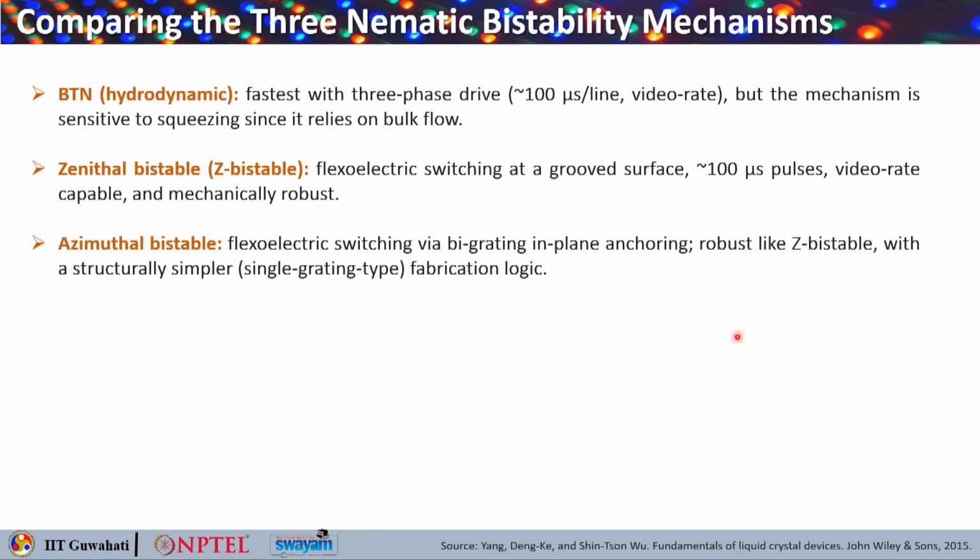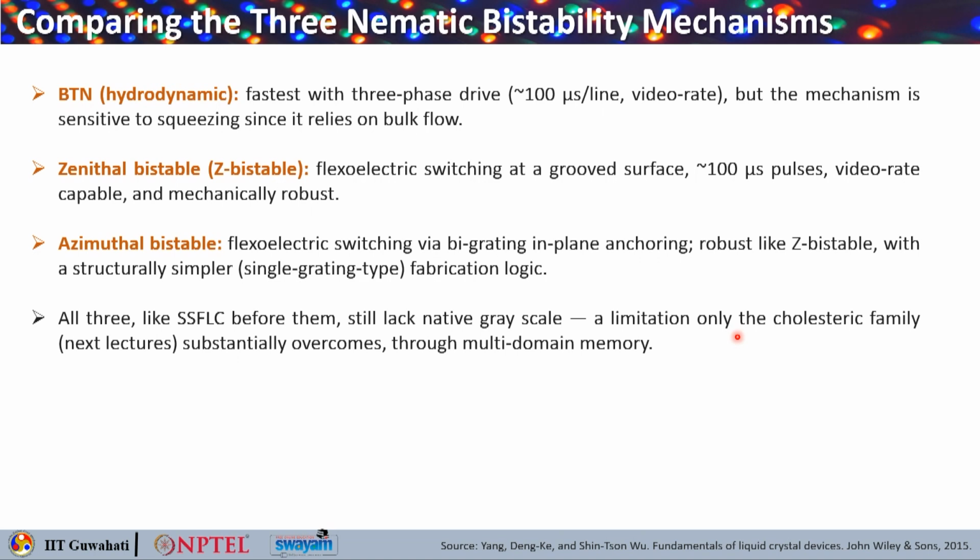This was equally robust like the ZBD with much simpler structures, because here you just have single grating-type fabrication logic. All three, like SSFLC before them, still lack native grayscale, and this is the big limitation that only the cholesteric family, which will be discussed in the next lectures, will be substantially able to overcome through multi-domain memory.